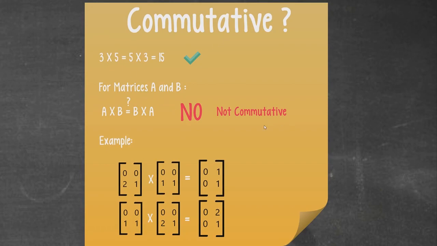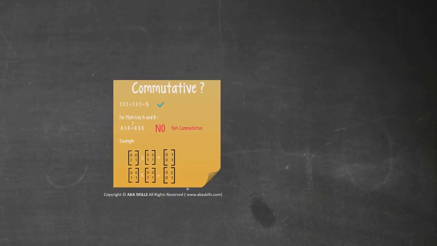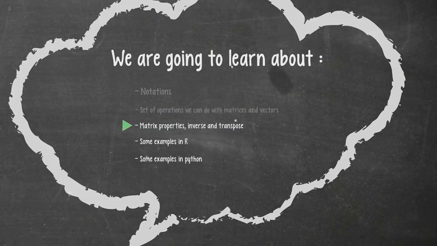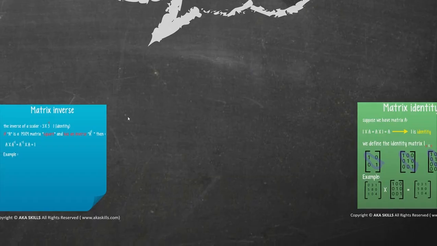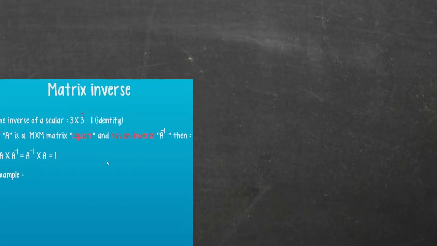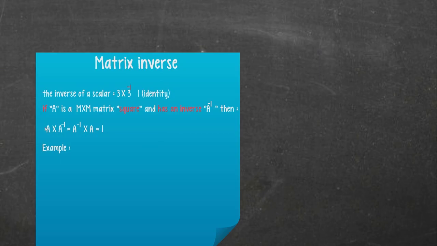We said no, not commutative, except when we are multiplying A by its inverse. In that case, yes, it can be commutative. We can change the places: A multiplied by the inverse equals the inverse multiplied by A, and equals the identity matrix that we learned about previously.